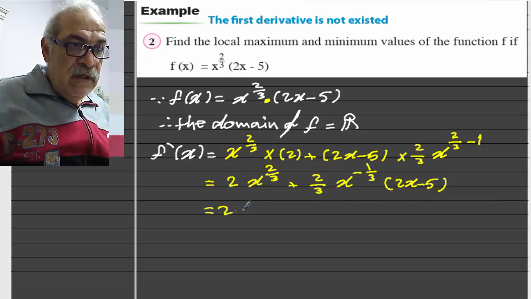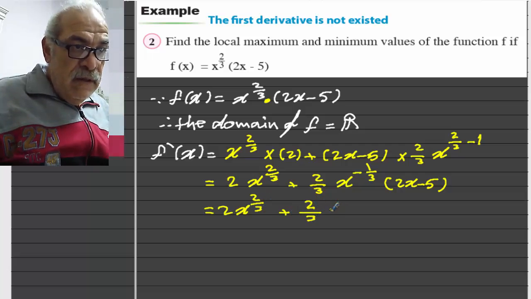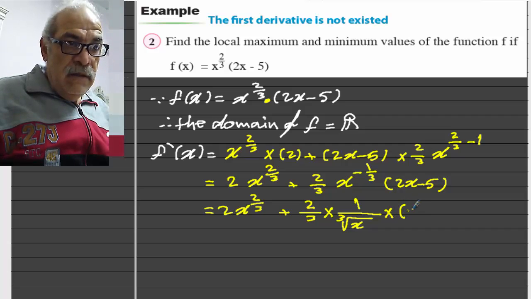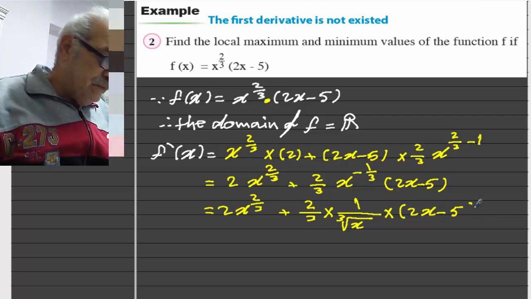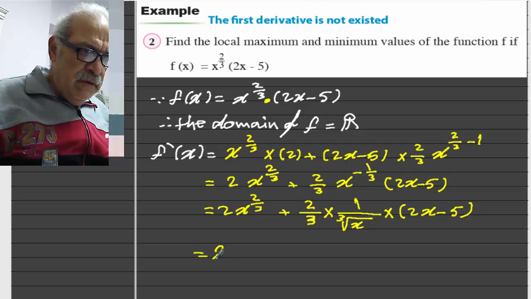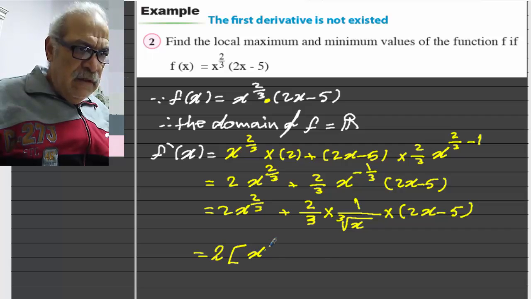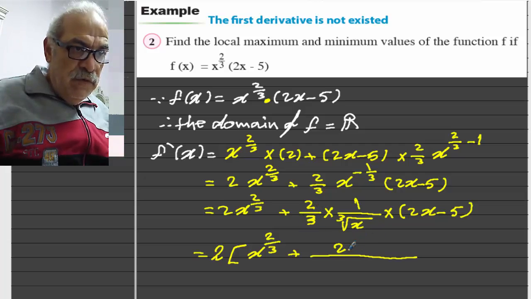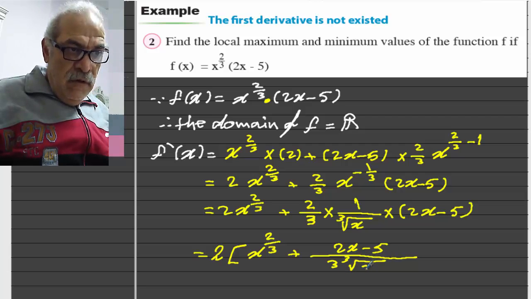And we write 2x power 2 over 3 plus 2 over 3 multiply 1 over cubic root of x multiply 2x minus 5, and taking 2 as a common factor here, we get x power 2 over 3 plus 1 over 3 multiply 2x minus 5 over 3 multiply cubic root of x.